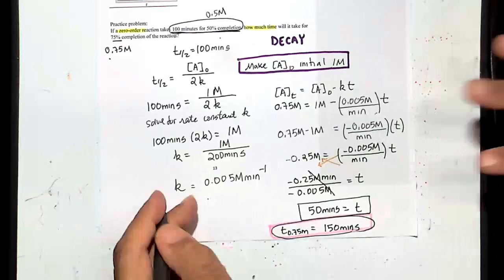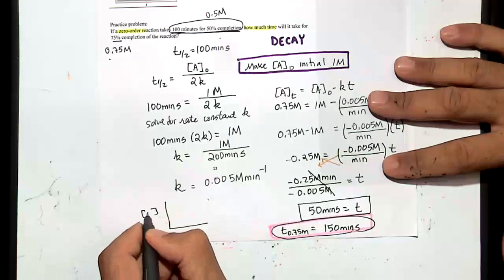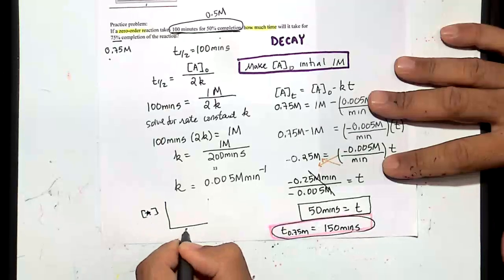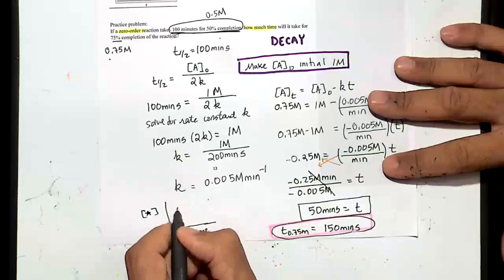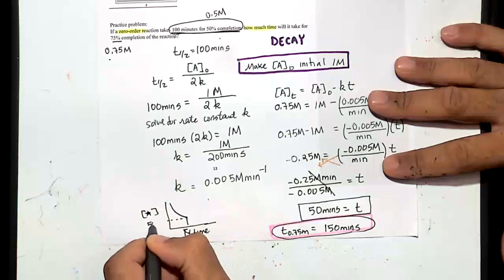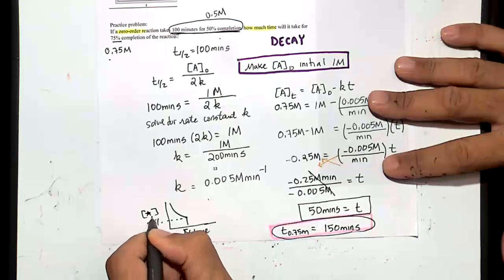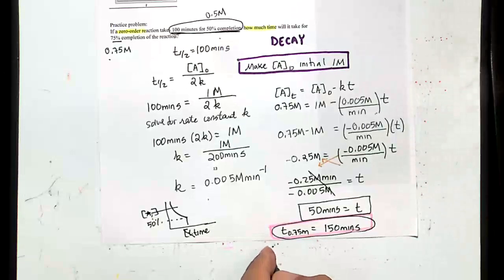Let me just draw it out here. Concentration over time. So this we know is 50% completion, 75% completion.